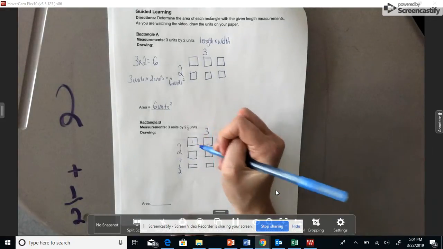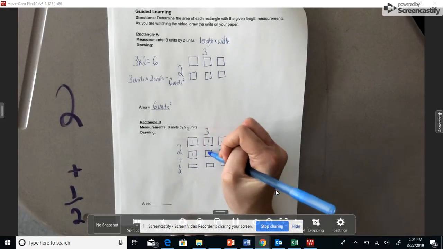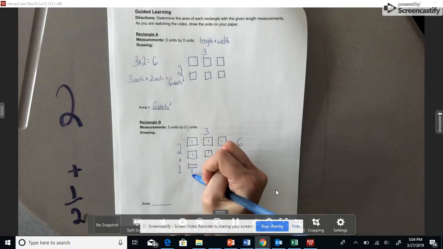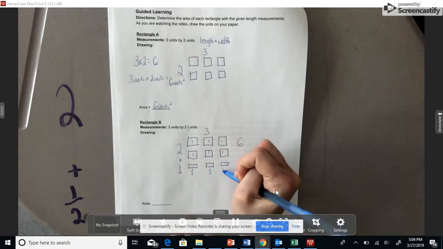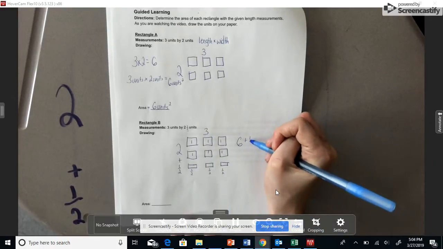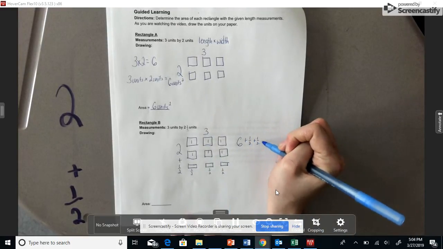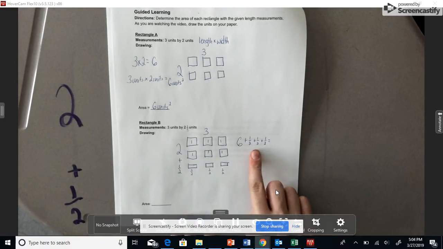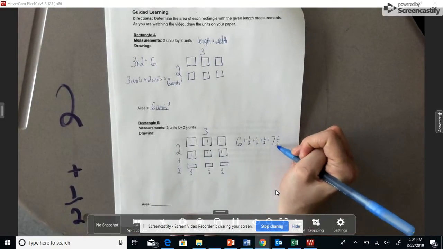So remember, each of these represents one whole. So 1, 2, 3, 4, 5, 6. So we have 6 wholes. Each of these is 1/2. So that's 1/2 plus 1/2 plus 1/2. We know 2 halves equals a whole, so our answer would be 7.5.